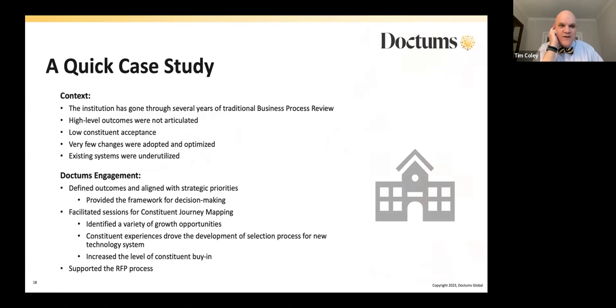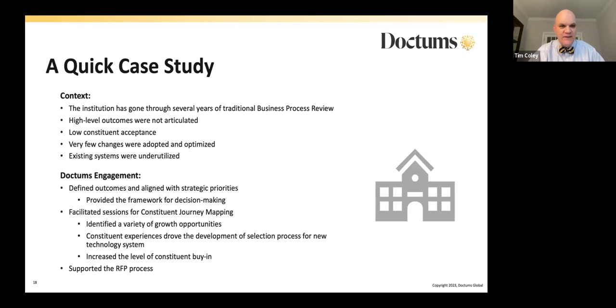We've been working with an institution, and they're a good example because they've been living in that process-based culture. They've gone through several years, and for some departments, it's been 7 years that they've been reviewing their business processes. They did not really do a good job stating the high-level outcomes and where this is going.